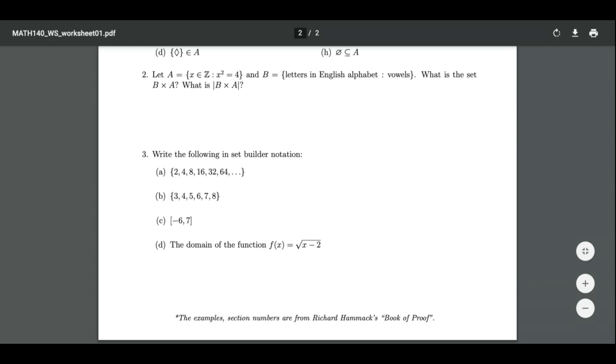When I put 2 bars around my set, that's finding the size of it. But if we put 2 bars around the element, that means absolute value of the element. So what is the absolute value of B? It depends on B, right? If B is positive, the absolute value of B would be B. If B is negative, the absolute value of B would be negative B. Make sense, Maria?